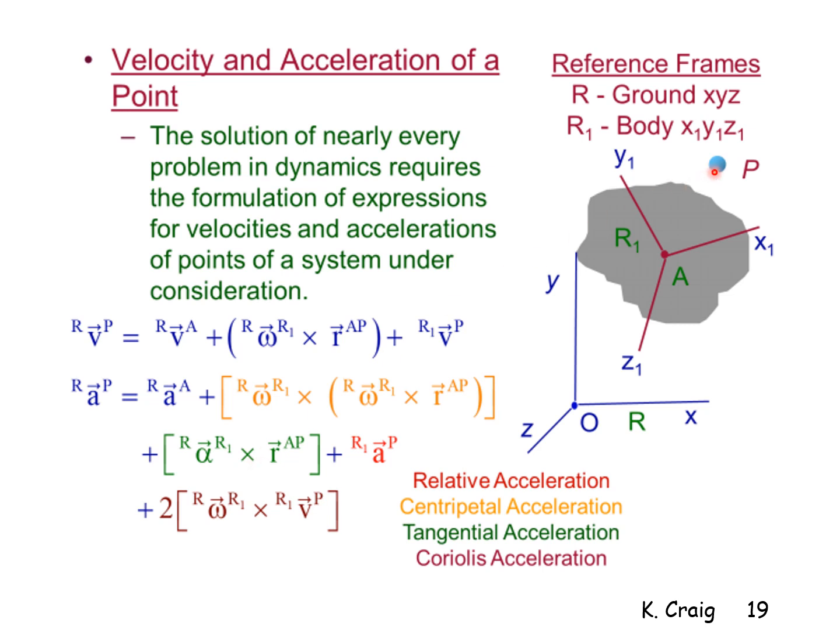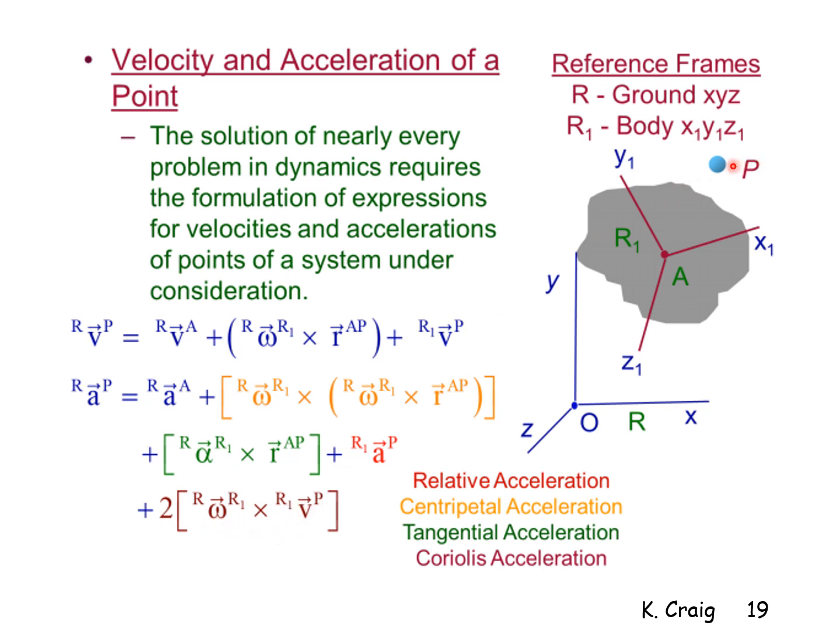However, if P can move with respect to the R1 reference frame, we have two additional terms. One is the acceleration of P with respect to R1, but then we have another term which is completely unexpected, which results from the vector analysis, which is this term, which is 2 times the angular velocity of R1 in R crossed with the velocity of P in R1.